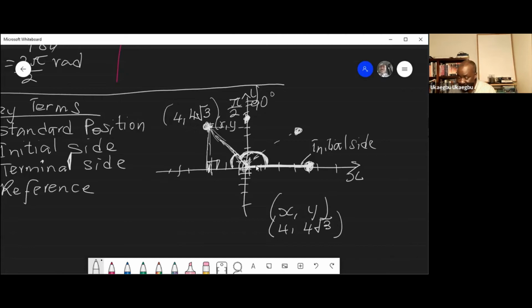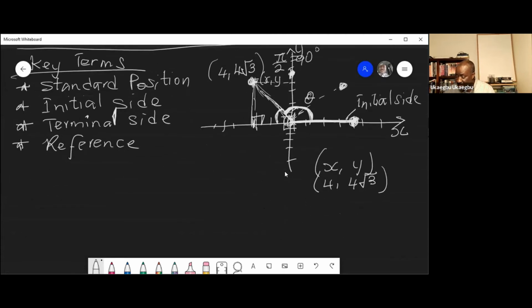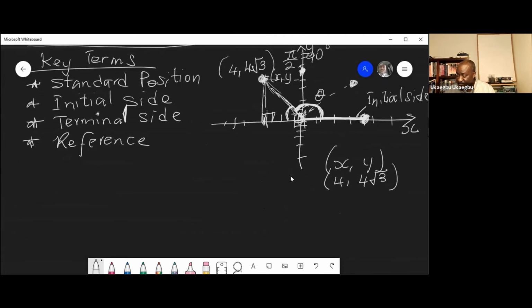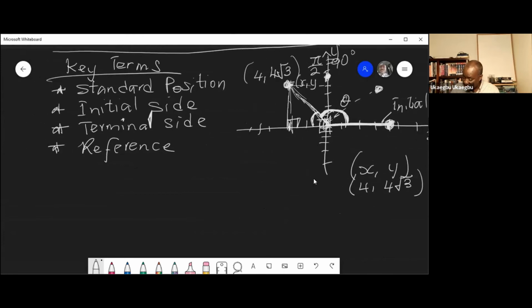This angle that I'm highlighting right now is angle theta. So theta is your angle of the standard position. You can call it standard position angle.